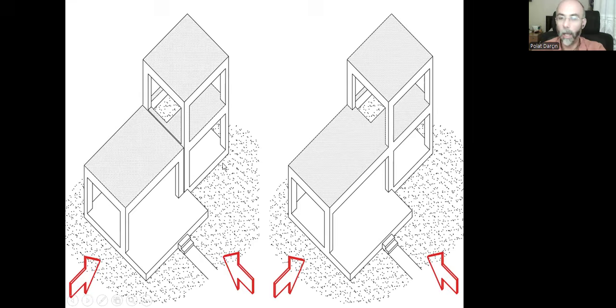It doesn't matter. In order to avoid that problem, we can divide the whole structure into two neighbor buildings. Not just one single structure, but two neighbor structures. And there is no connection at all here. And instead of just one set of columns, we can create two sets.